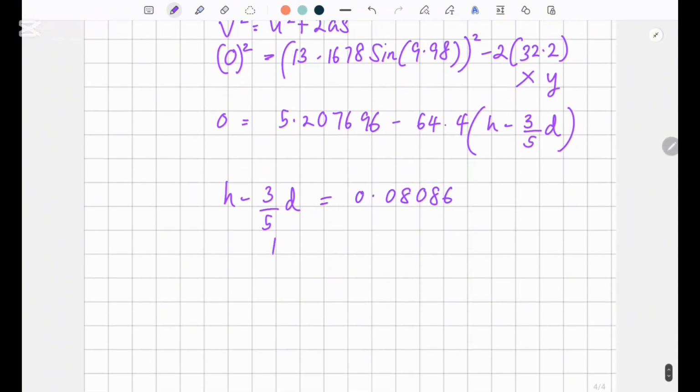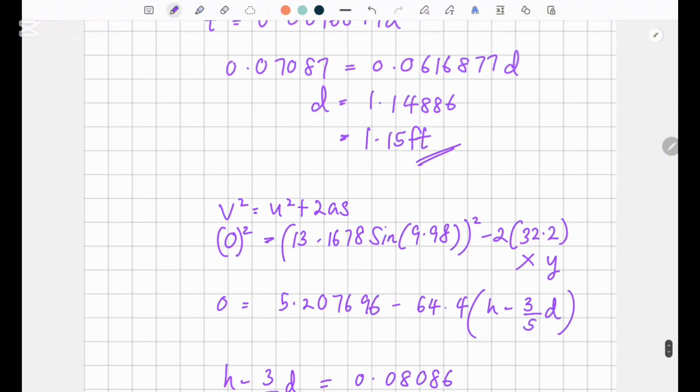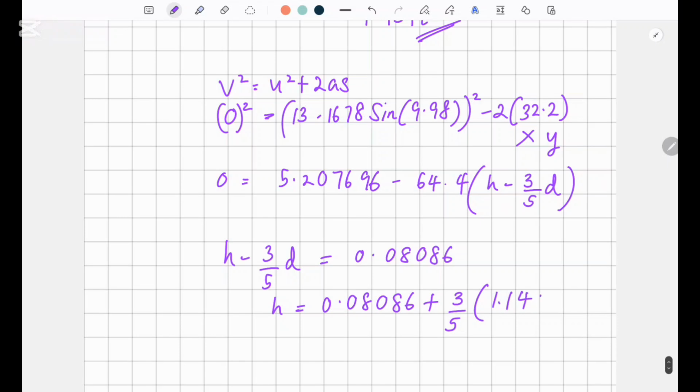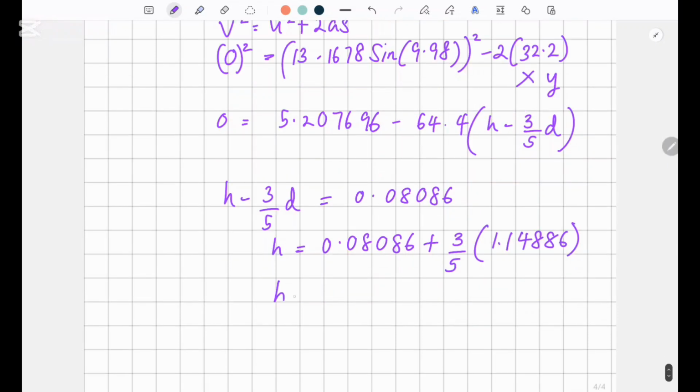So you can find H equals 0.08086 plus 3 over 5 into 1.14886, giving you H equals 0.77018. So I'll leave the answer as H equals 0.770 feet.